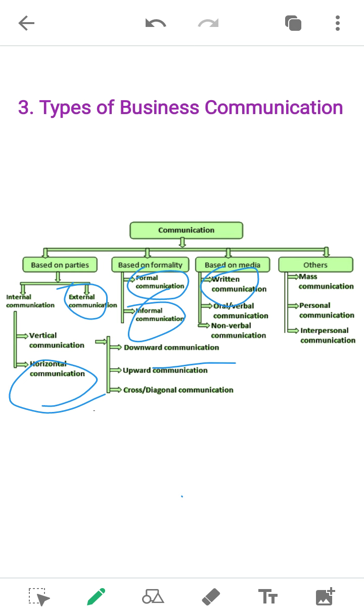It's called non-verbal communication. Others: there is mass communication, when any information is conveyed to a large group of people. Personal communication, when personal information is sent. Interpersonal communication, when two friends or two persons communicate to share their feelings and ideas.